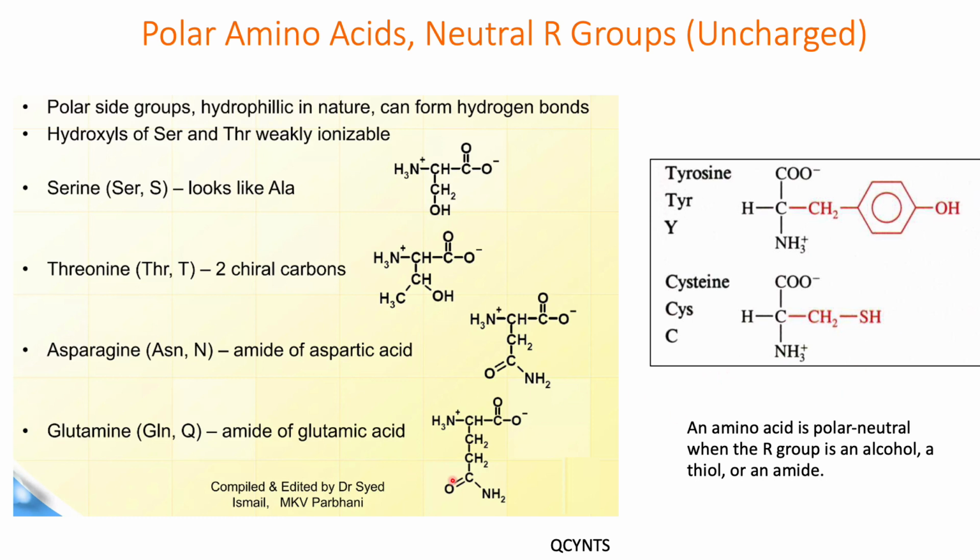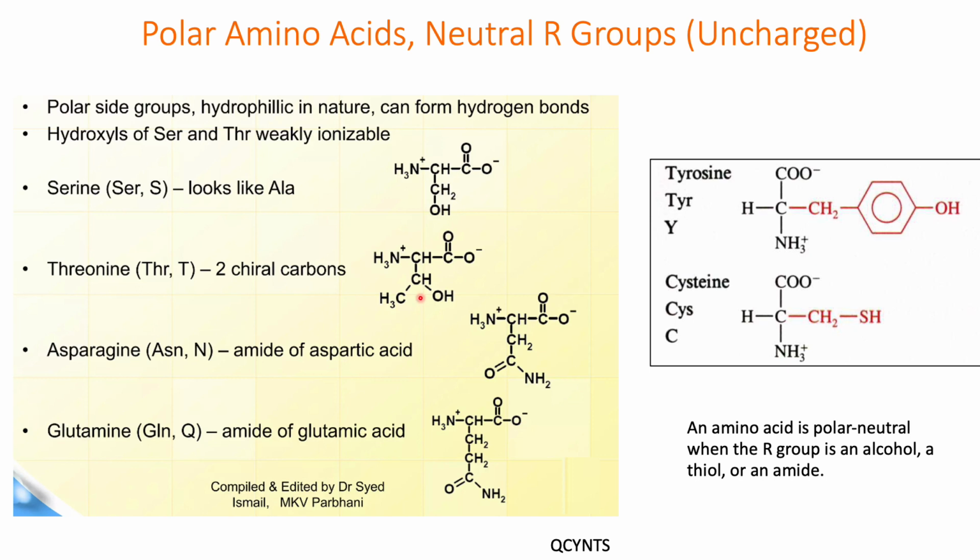An amide is a carboxyl group that's attached to an amine group. So we have 6 amino acids that are polar neutral, and they are serine, threonine, asparagine, glutamine, tyrosine, and cysteine.